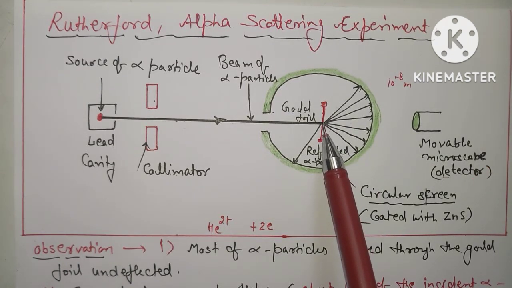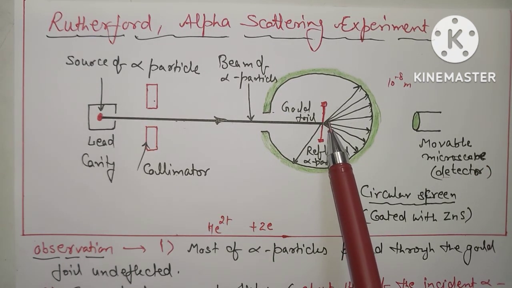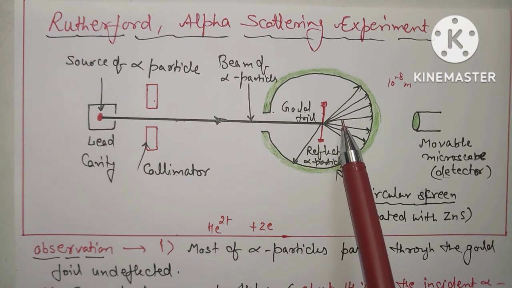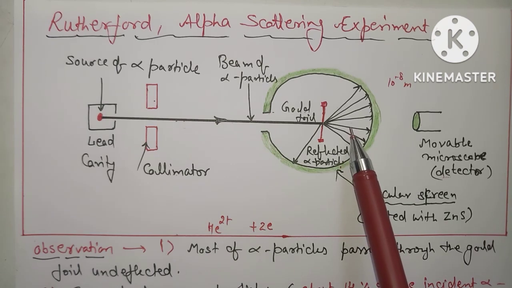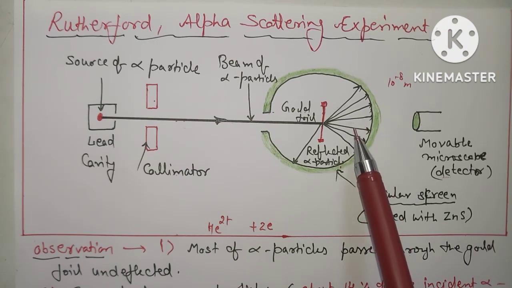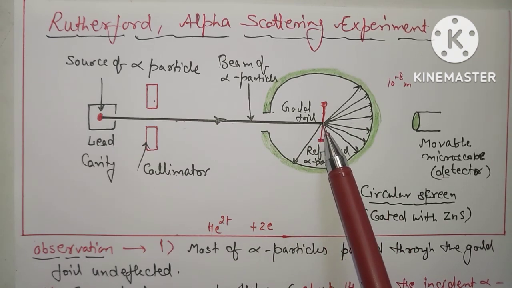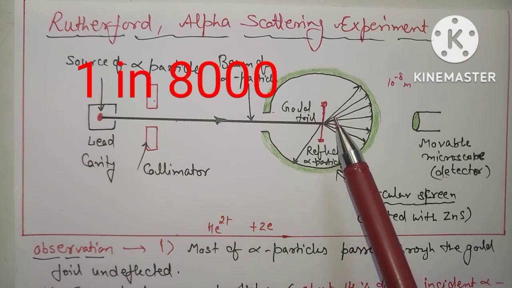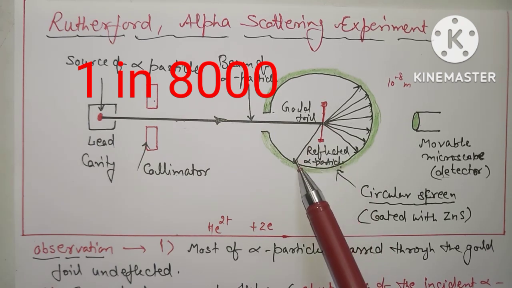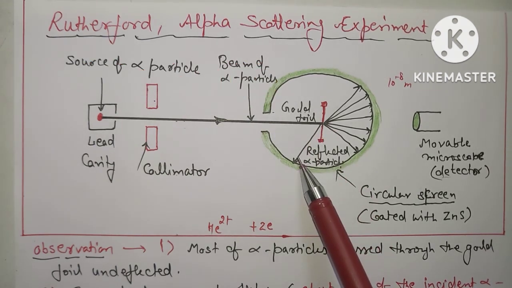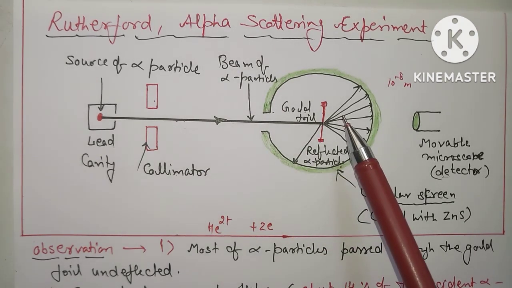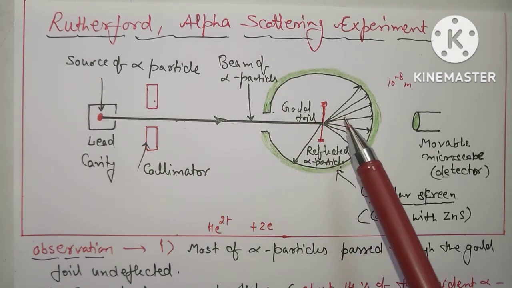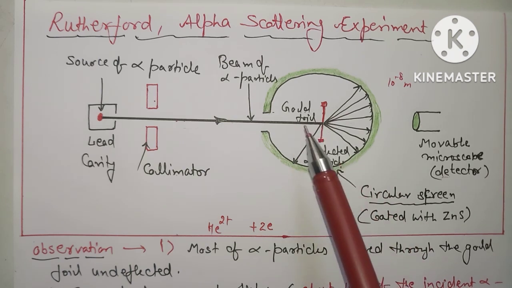He also observed that some of the alpha particles, about 0.14%, were deflected through a small angle less than 1 degree. A few alpha particles, about 1 in 8000, were deflected through a large angle, maybe greater than 90 degrees. Some of them retrace the path, that is, the angle of deflection is 180 degrees.